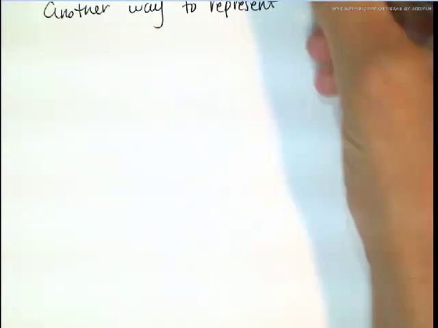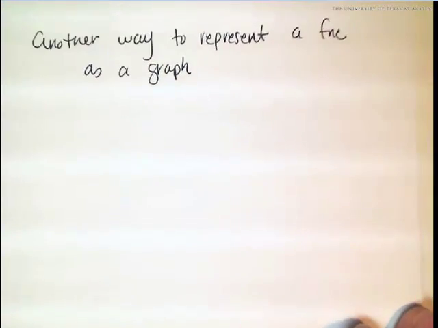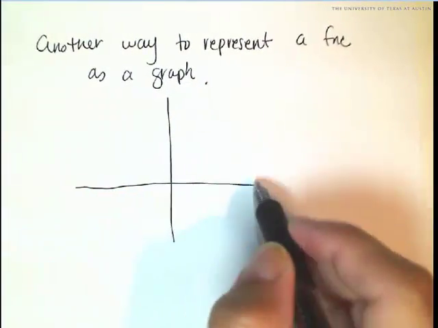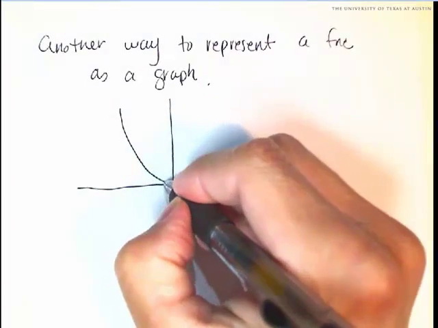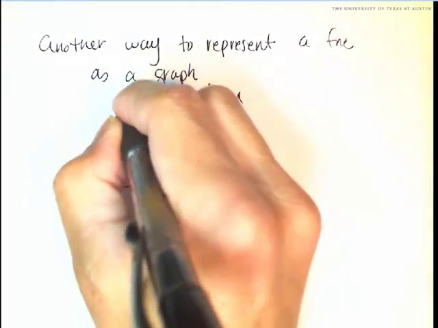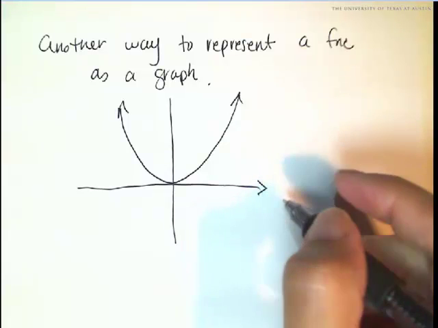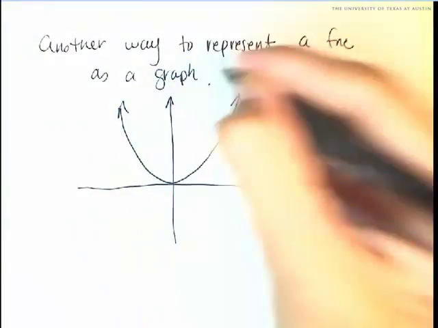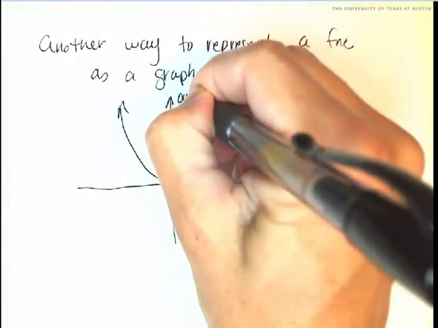Sometimes we see a representation of a function as a graph. So, for example, let's just do a sketch of a graph here. We'll let the horizontal axis represent our input, and we'll let the vertical axis represent our output.